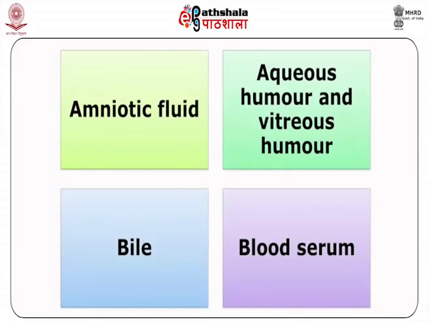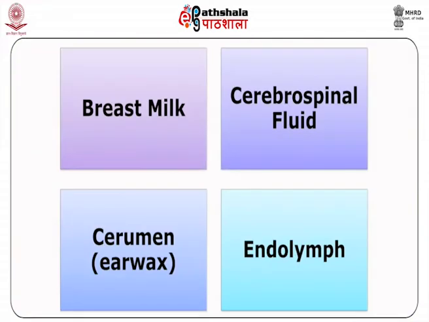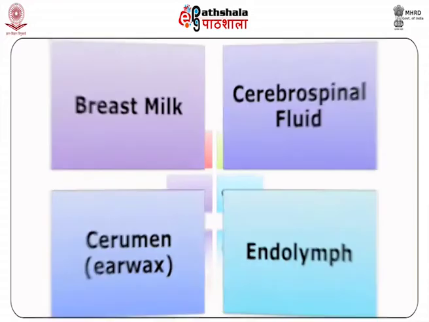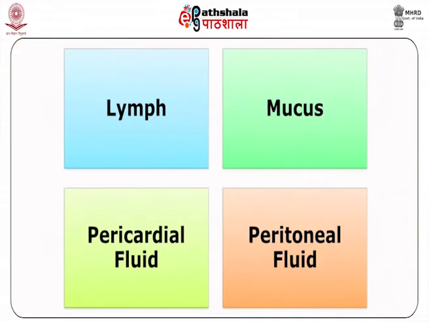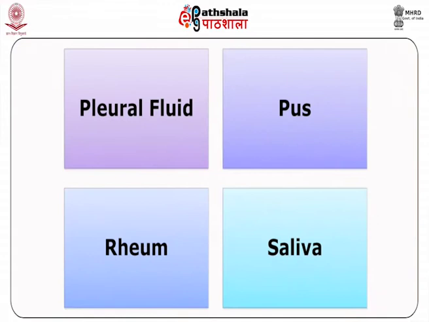Amniotic fluid, aqueous humor and vitreous humor, bile, blood serum, breast milk, cerebrospinal fluid, cerumen or earwax, endolymph, perilymph, exudates, feces, gastric juice, lymph, mucus, pericardial fluid, peritoneal fluid, pleural fluid, pus, rheum, saliva.